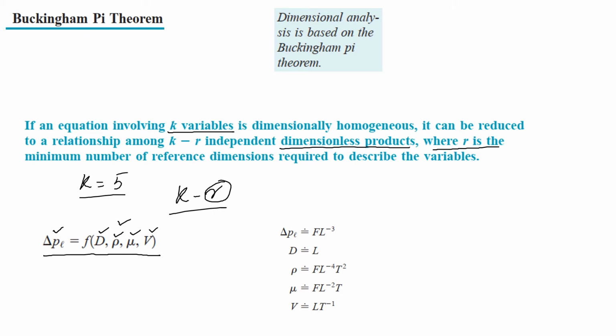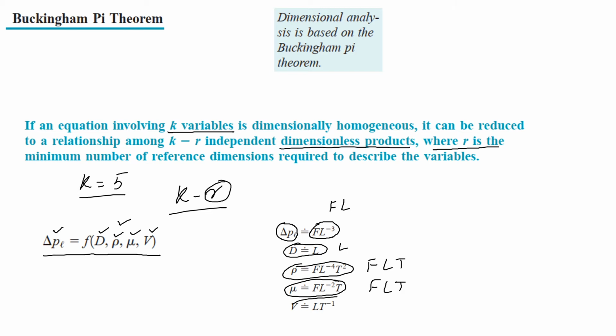These variables, as you can see, the pressure drop per unit length is defined by these reference dimensions, that is F and L in this case, and the diameter is represented by length L, the density is represented by F, L, T, and the viscosity is represented by F, L, T, and the velocity is represented by L and T. So what we need is a minimum number of reference dimensions required to describe these variables, and we can see from here that we require a minimum of 3 reference dimensions, that is F, L, T, to actually describe these 5 variables and write their dimensions.